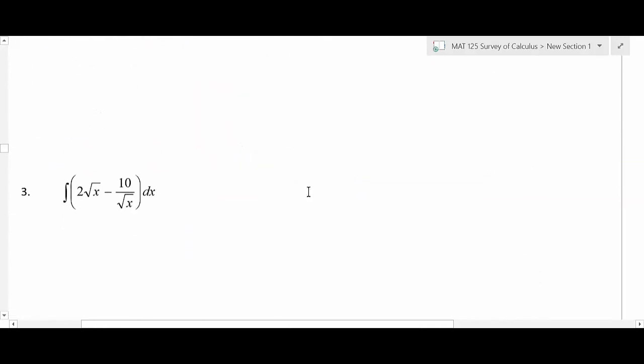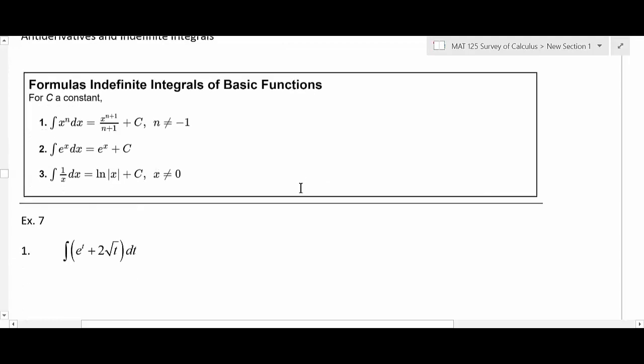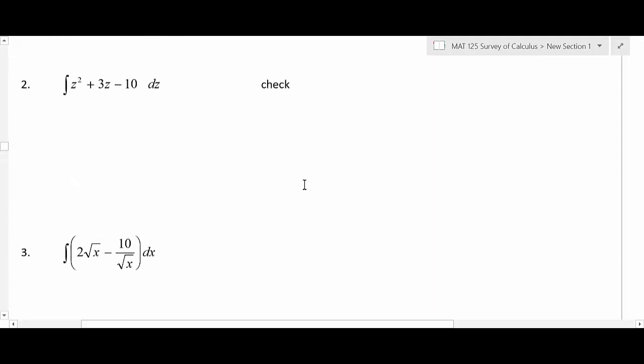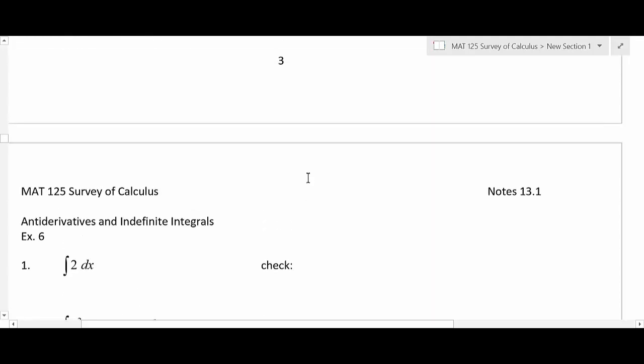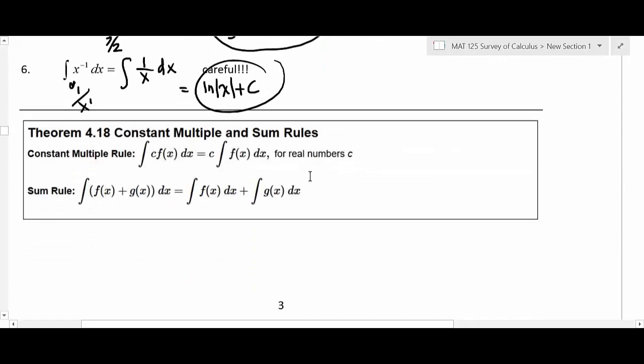Okay, so let's go through some of these things where we put these together. I'm going to give you some rules that we do here. We want to get through these 2 rules. This works the same way derivatives do. If you have an integral and you have a constant times a function, then that can be moved out of the integral.